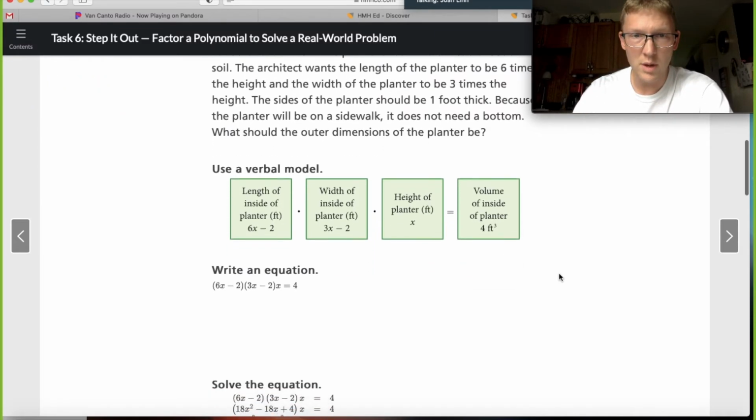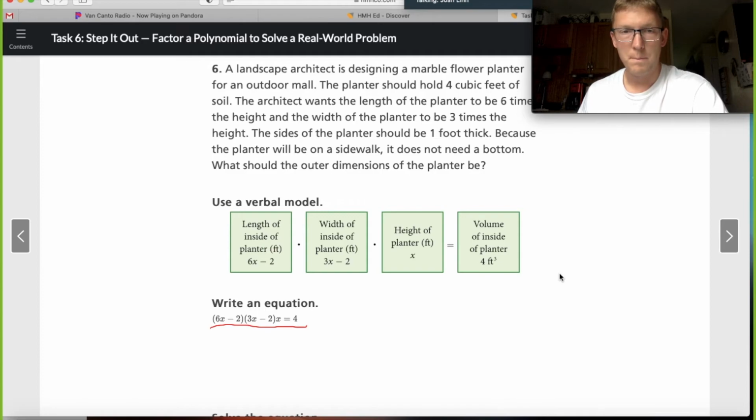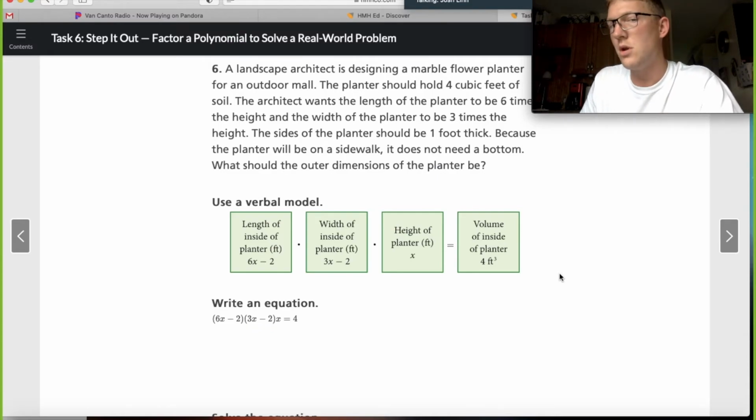So here we have our equation. In order to solve this, we first need it to actually equal 0. To get it to equal 0, we just subtract 4 from both sides, right? But then we're going to have some factors, and then minus a thing, so we don't really know how to do that.